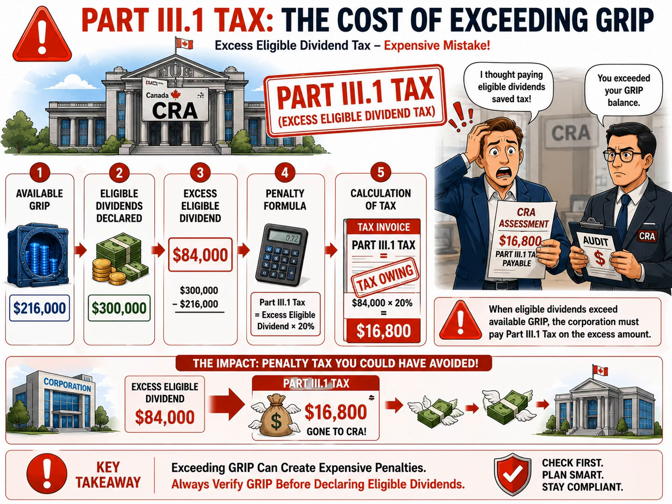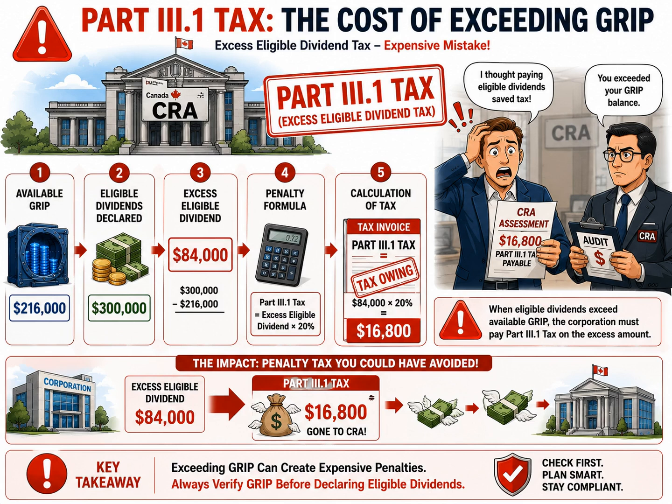To determine the problem amount, we subtract the available GRIP from the eligible dividends declared. $300,000 minus $216,000 gives us an excess eligible dividend of $84,000. That $84,000 is the amount that violates the GRIP limit.